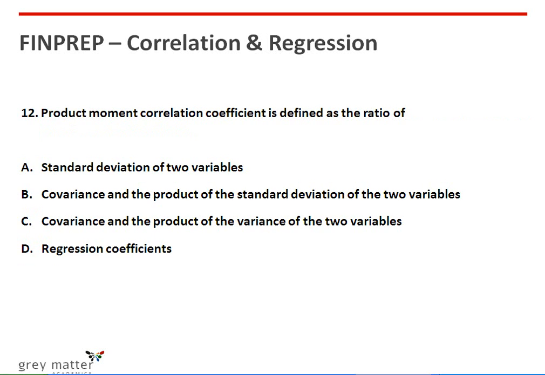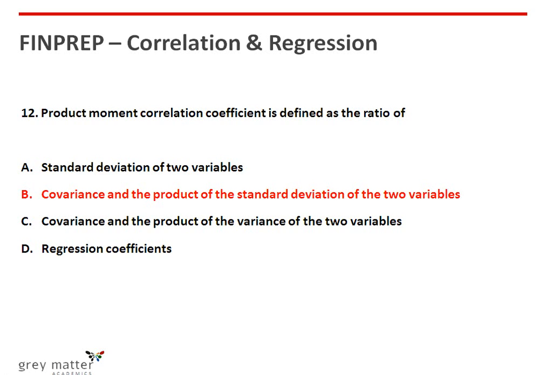12th question, product moment correlation coefficient is defined as the ratio of the covariance and the product of the standard deviations of the two variables.